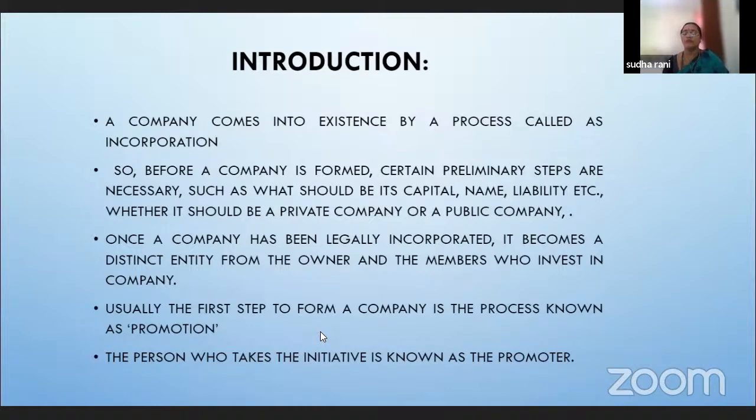These are all called preliminary steps. Once these preliminary steps are taken and the necessary documents relating to them are prepared, the company has to get a legal identity registered with the registrar. That itself is the incorporation. Once it gets an identity separate from its members, we say the company is incorporated.